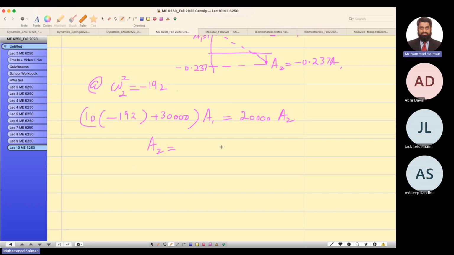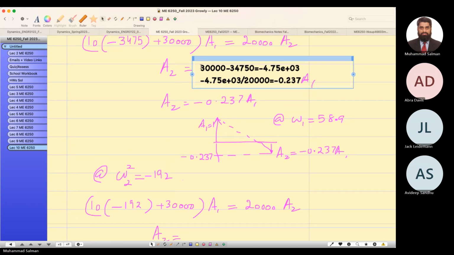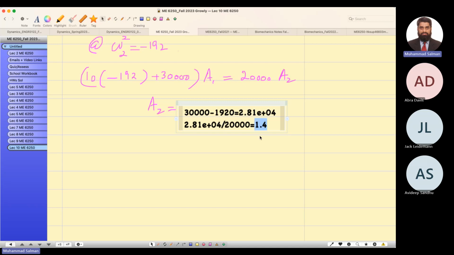A2 equals to, I can rewrite this, just copy this math here. 30,000 minus 1920. 2.18. 1.404. Yes, that's good. So A2 equals to 1.4 times A1.